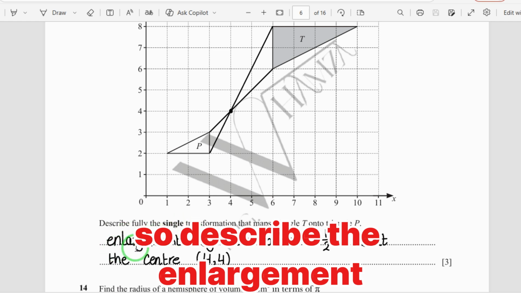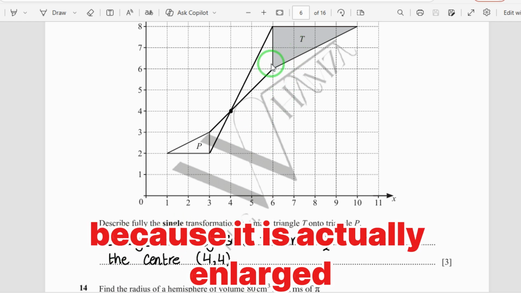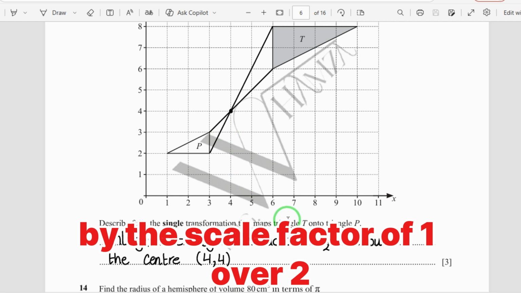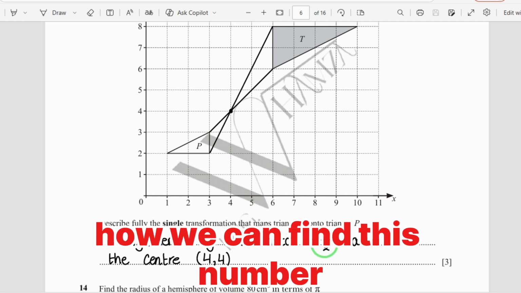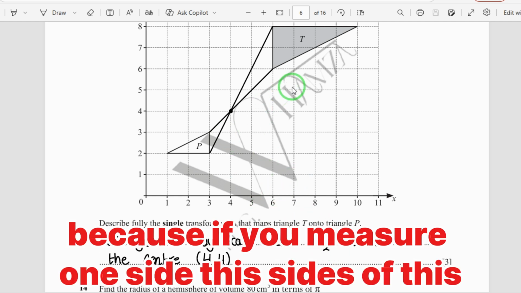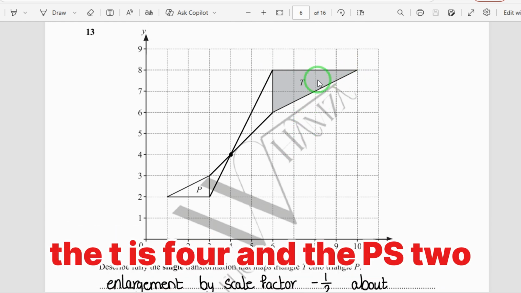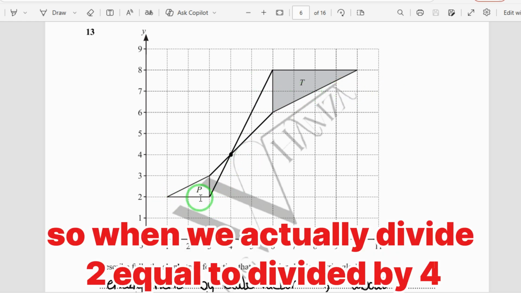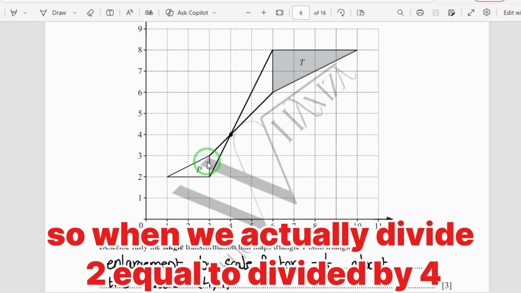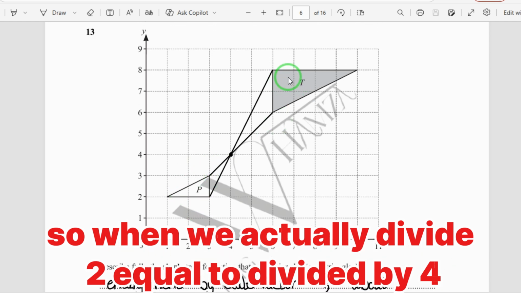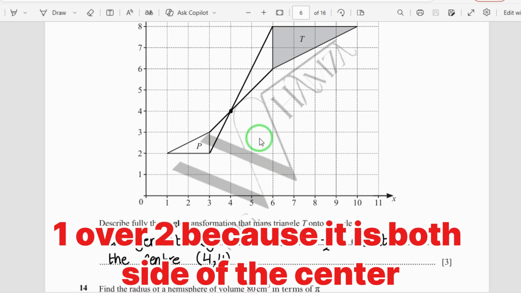So if you describe the enlargement, it is actually enlarged by the scale factor of 1 over 2. How can we find this number? If you measure one side, T is 4 and P is 2. So we divide 2 by 4, which gives 1 over 2.